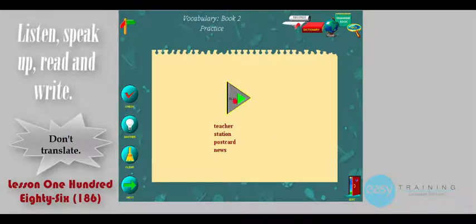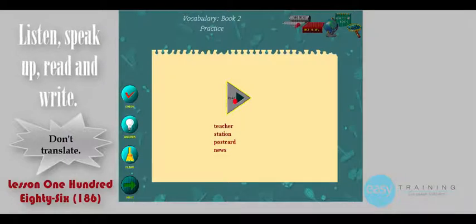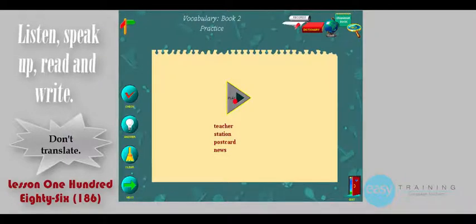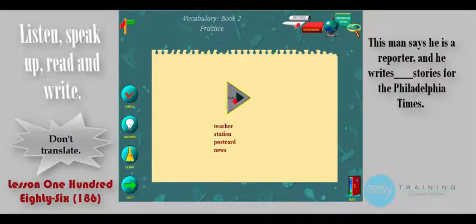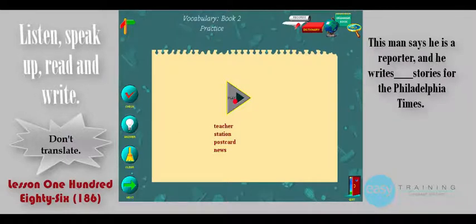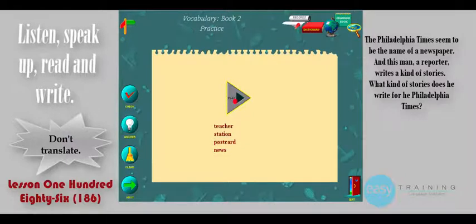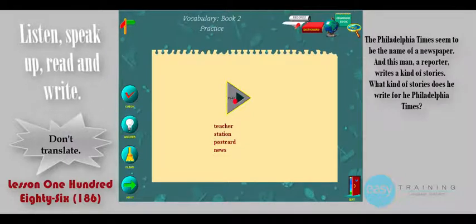Listen. I'm a reporter. I write stories for the Philadelphia Times. This man says he is a reporter and he writes blank stories for the Philadelphia Times. The Philadelphia Times seems to be the name of a newspaper.